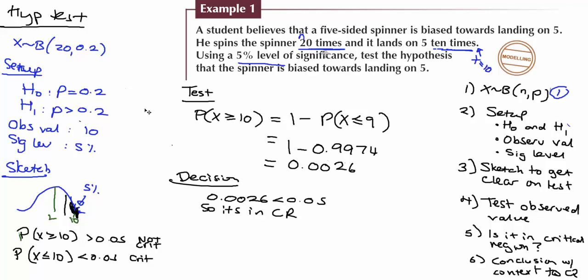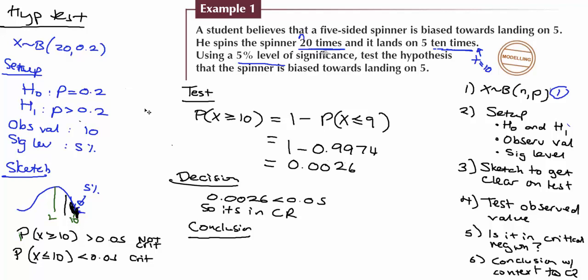Okay. So finally, all you have to do is the conclusion. So let me just explain the context bit as well, yeah? Because a lot of people hate the wordiness of all of these questions. Here's what we figured out. So we've got this 5-sided spinner, and if you spin it 20 times, we expect it to land on 5 4 times. Did I say 6 before?